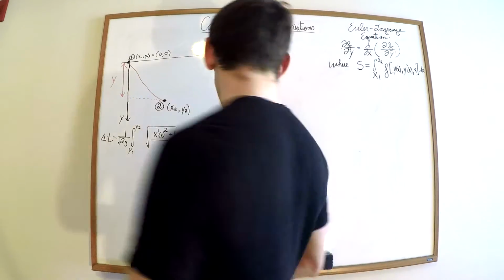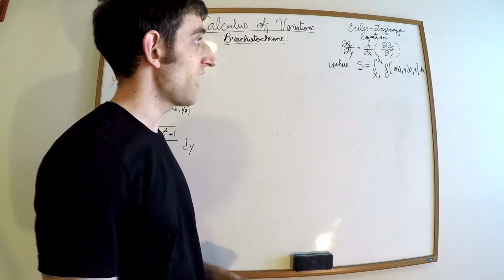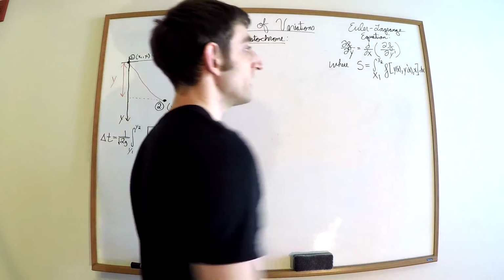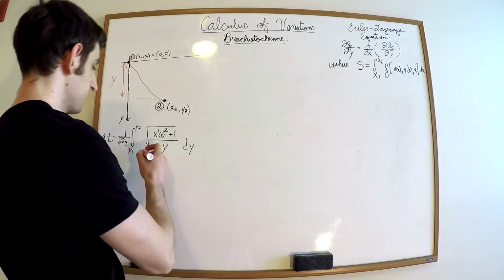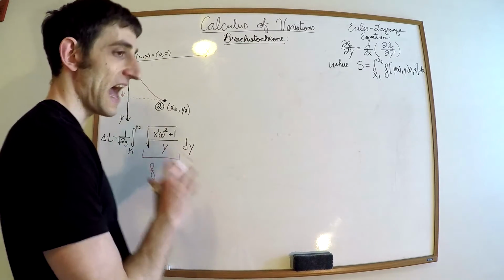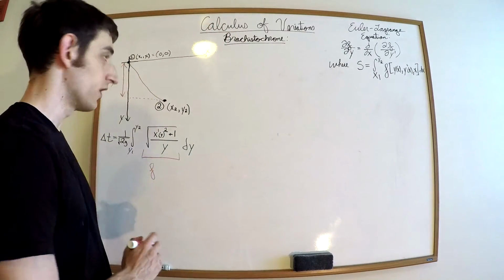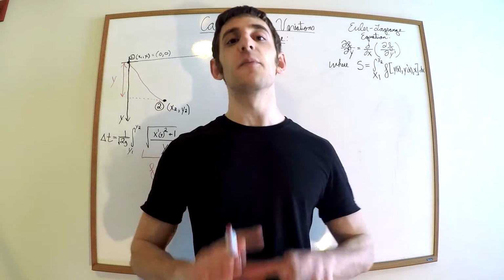Now, we know if we look at the Euler-Lagrange equation here, that we need to figure out what f is. F is the function under the integral for the function now, and in this problem we can see that this guy is f. Yet we have to question what's going on here in comparison to this one. And I want you to pay a lot of attention to this one, because this is going to be different.